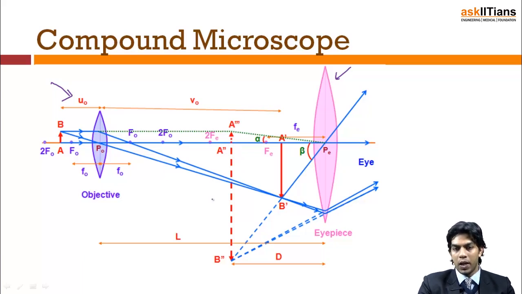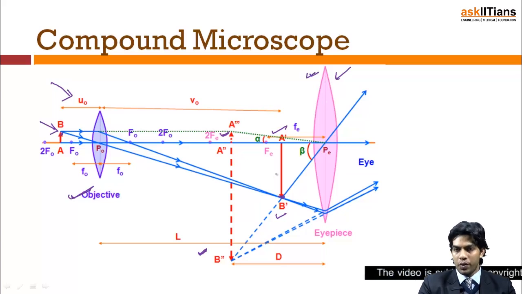If you look over here, this is the final image which we will be getting, that is A dash, B dash, A triple dash, B double dash. From the object, the source of light, I end up getting an image A dash, B dash. Now this image which is formed by the objective lens will act as an object for the eye lens, the eyepiece.